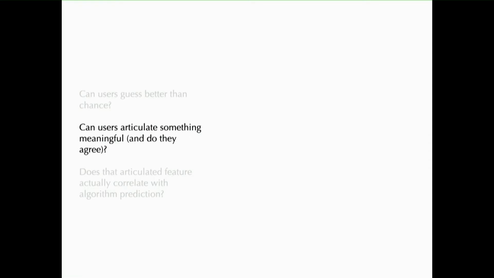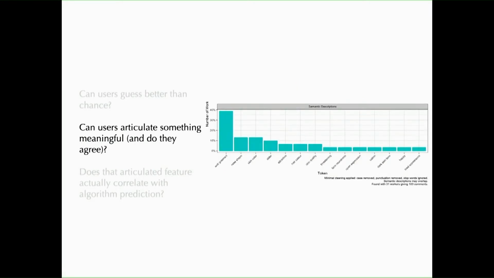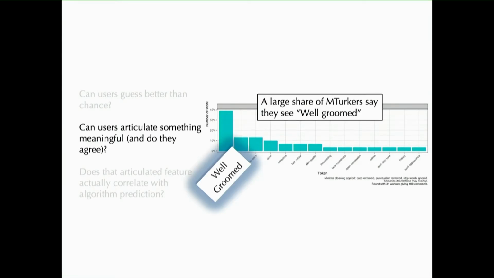So I'm going to show you the word cloud of what subjects say after seeing these morphs. This is kind of the word cloud. I don't know if something jumps out at you all here, but if you tokenize and put all this together, what you start to see is that about 40% of the subjects all say, what I see is well-groomed. And in fact, that's just what you find.